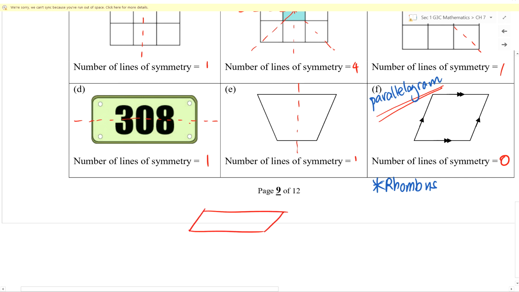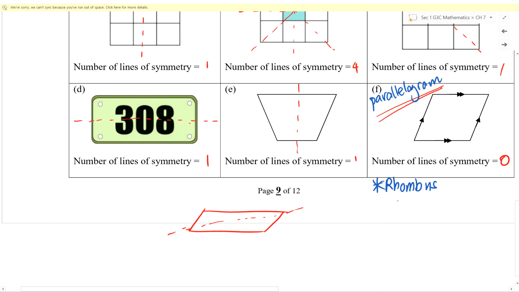It is more obvious if I draw the parallelogram like this. Naturally some of you may think that the diagonal is a line of symmetry, but if you try folding it, you're not going to get a mirror image. It is going to be sticking out this way. So a parallelogram has no lines of symmetry.